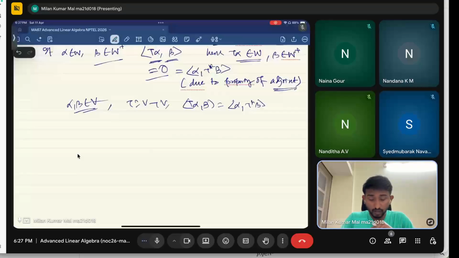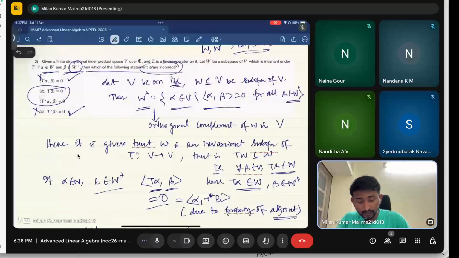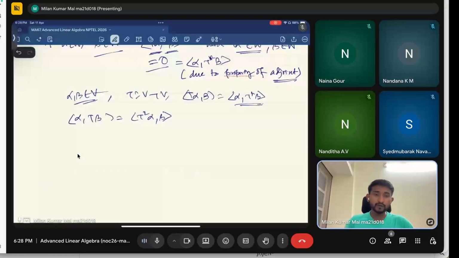Now look at these two options carefully. These two options are actually saying the same thing. Inner product of alpha and T beta has to be equal to inner product of T star alpha and beta. This is true for any alpha, beta in the vector space V. Whether alpha is coming from W and beta is coming from W perp doesn't matter.